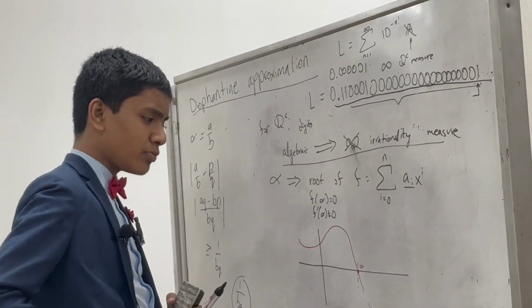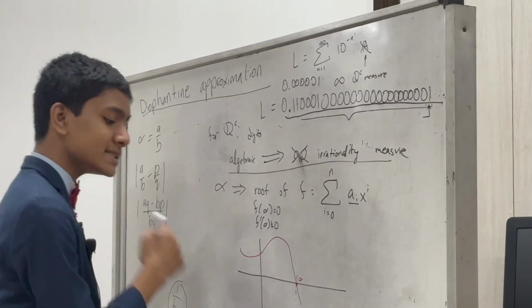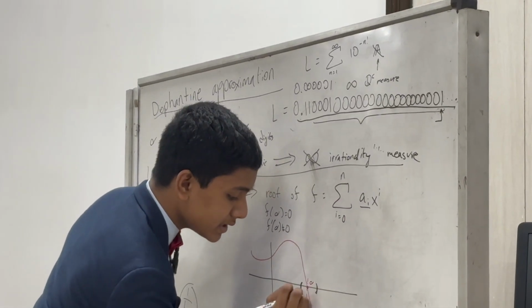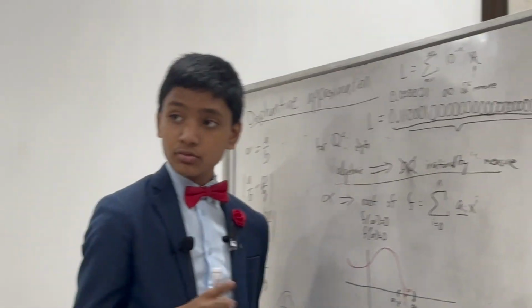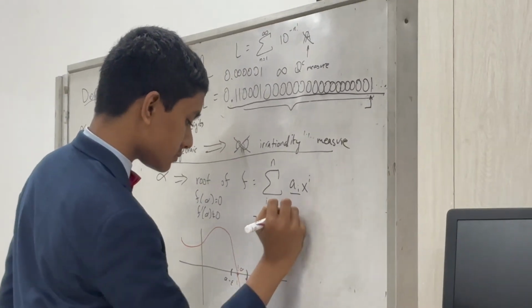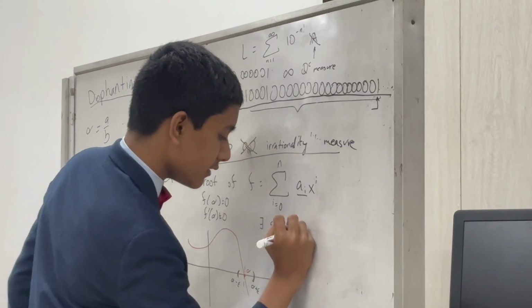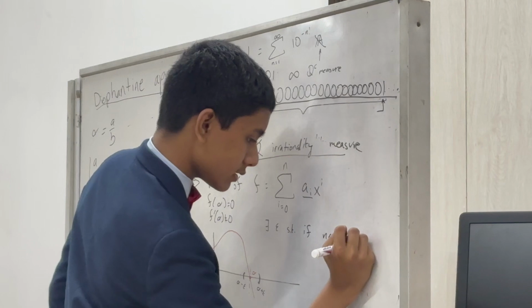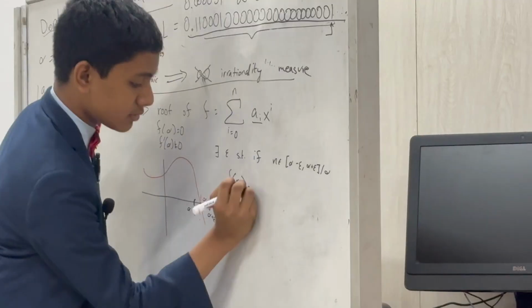So we know that since f prime of alpha is not equal to 0, since this root doesn't have multiplicity, in some epsilon radius, we can pick some epsilon such that alpha minus epsilon to alpha plus epsilon is totally free of zeros. There exists an epsilon such that if x is in alpha minus epsilon, alpha plus epsilon without alpha, then f of x is not equal to 0.